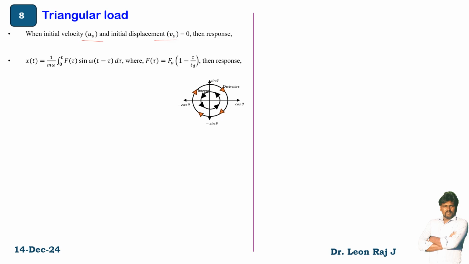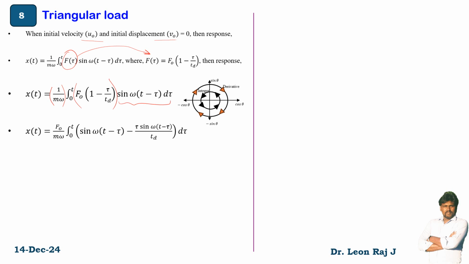Here f of tau is derived using the equation of line: f of tau equal to f0 into 1 minus tau divided by td. Then the response is x of t equal to 1 by m omega integral 0 to t f0 into 1 minus tau divided by td into sin omega t minus tau d tau.